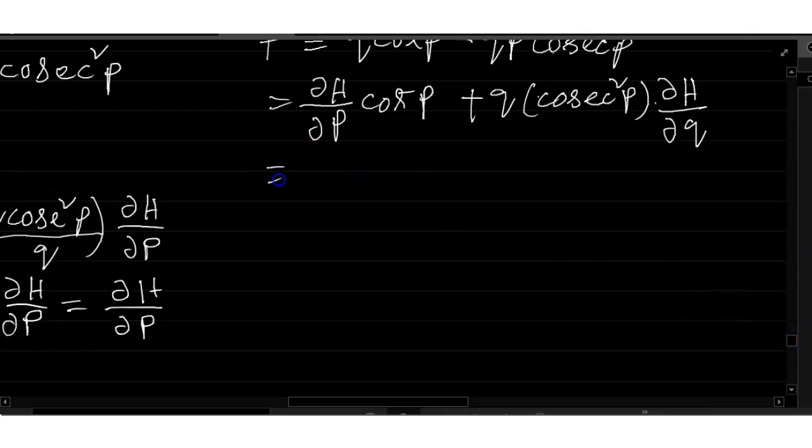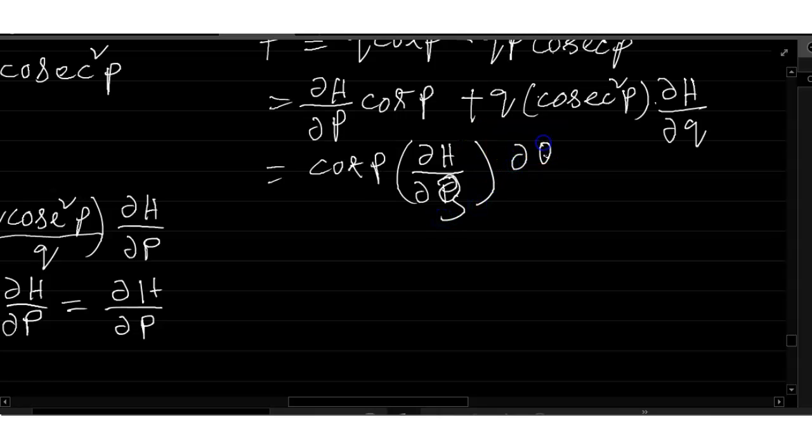So it can be written this way: cot P into del H by del capital P, del capital Q, and del Q by del P small p.